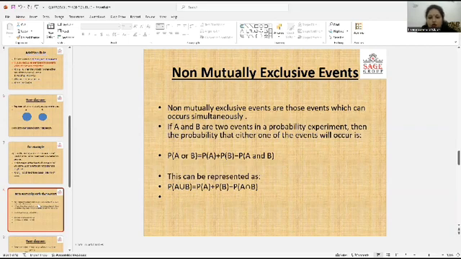If A and B are two events in a probability experiment, then the probability that either one of the events will occur is probability of A plus probability of B minus probability of A and B.